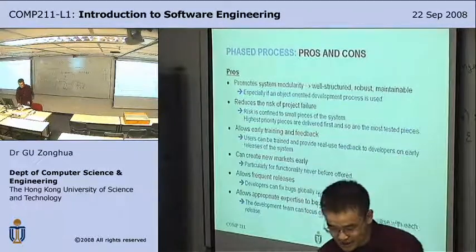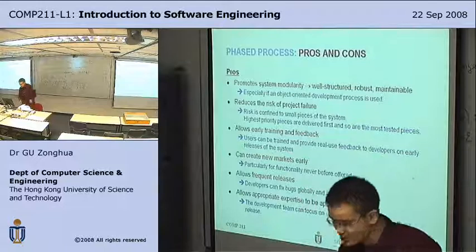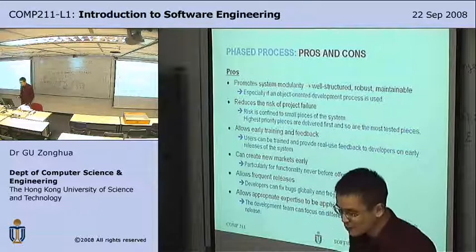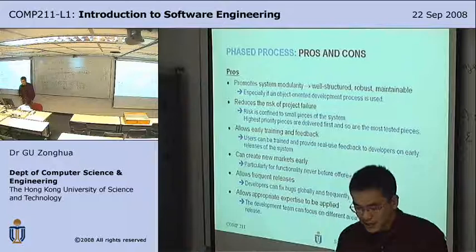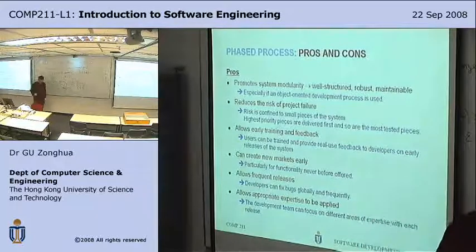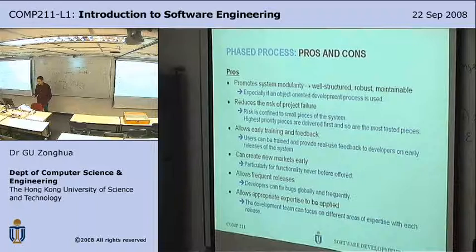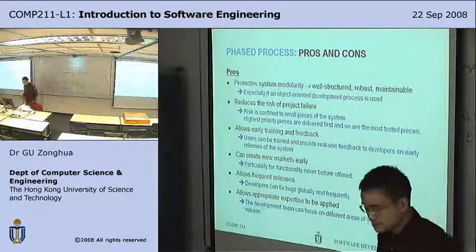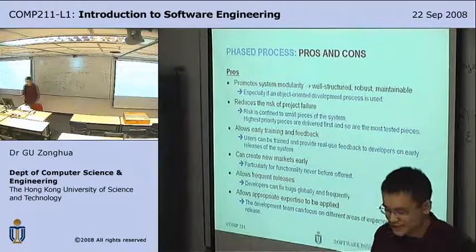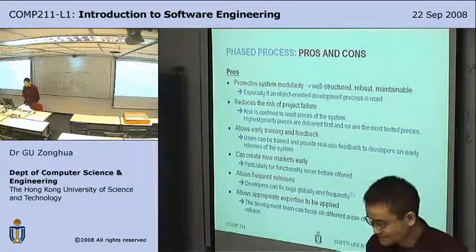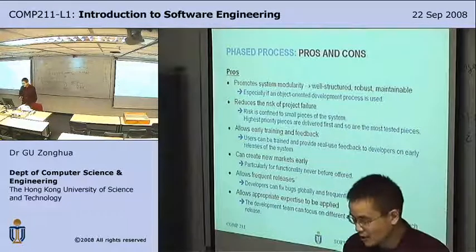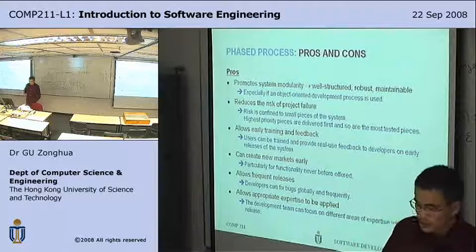So the pros are that it promotes modularity. So the software is well structured, robust, and maintainable, because it forces you to build your system in modules. So especially if an object-oriented development process is used, objects are especially useful for building modular software.